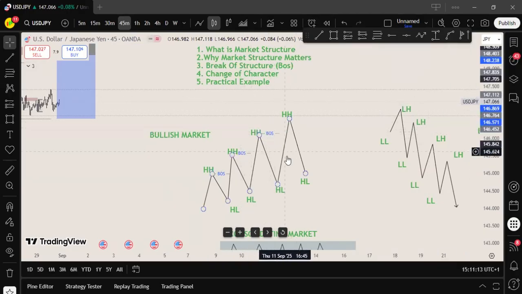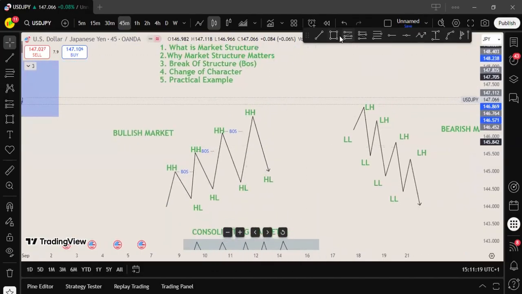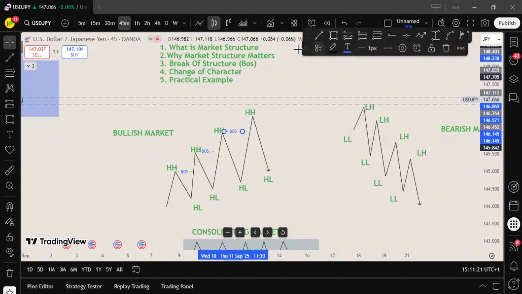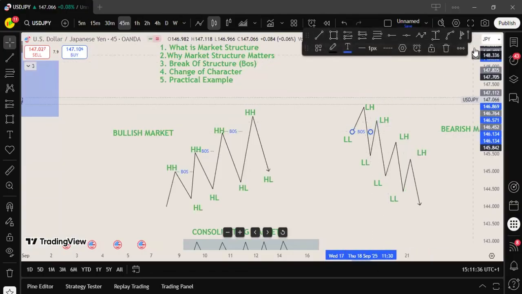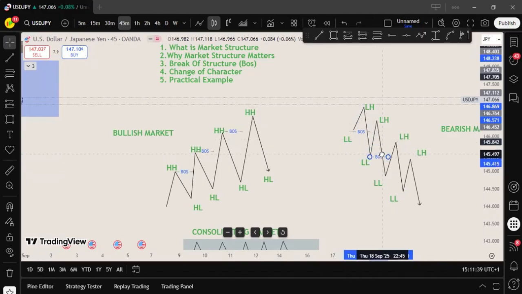It means the market is in a bullish trend, just going up. In a bearish trend it is still the same thing. When the market breaks a previous lower low, we call it a break of structure as well.